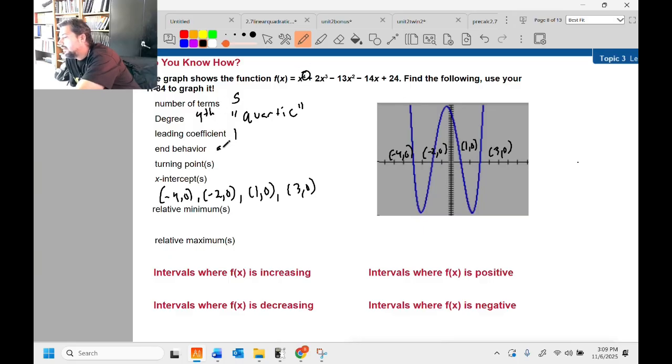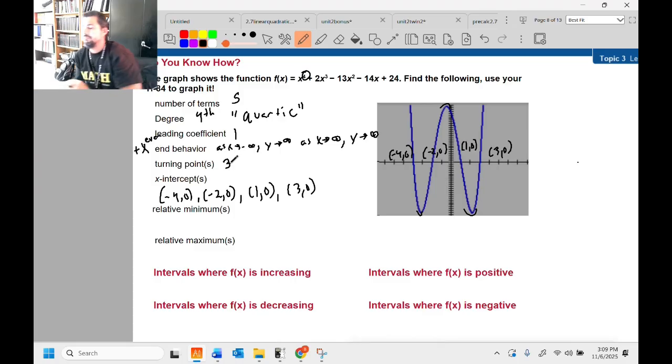As x approaches negative infinity, y approaches infinity. And as x approaches infinity, the graph rises to infinity. Specifically, it's behaving like a positive x to the even.